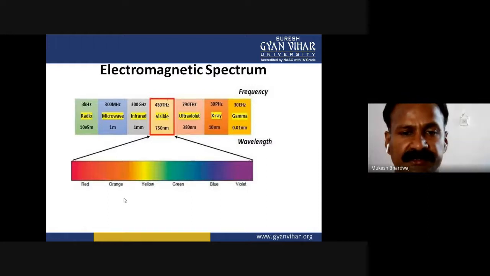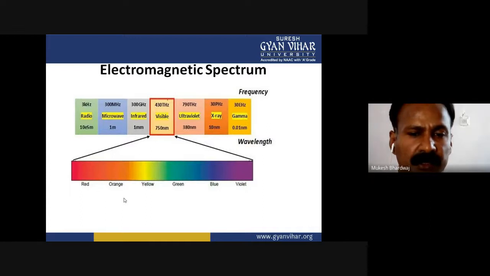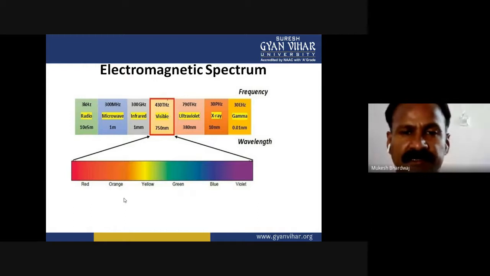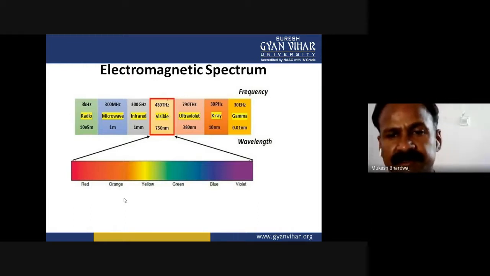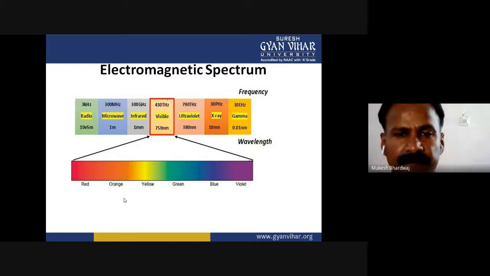As you see, the visible part stands for VIBGYOR, and all the others other than the visible are shown as radio waves at 3 kilohertz, microwave 300 megahertz, infrared 300 gigahertz, ultraviolet 790 terahertz, and the gamma rays and so on. The wavelengths are respectively given.